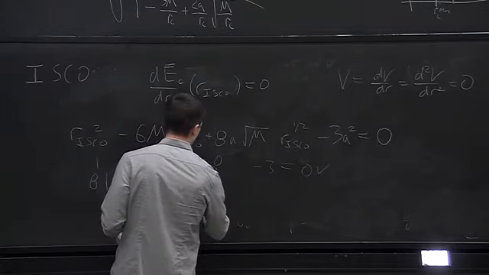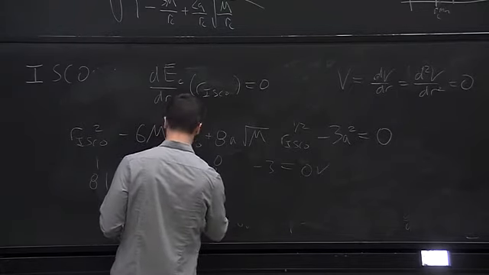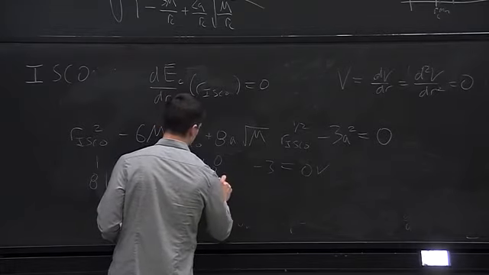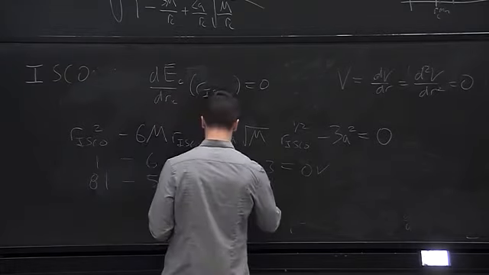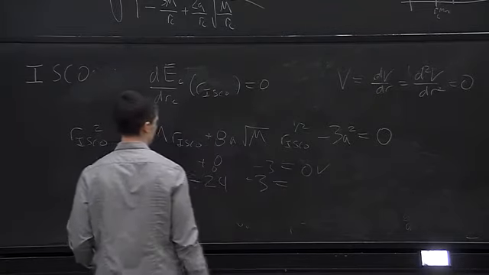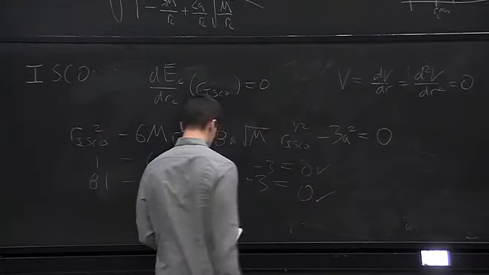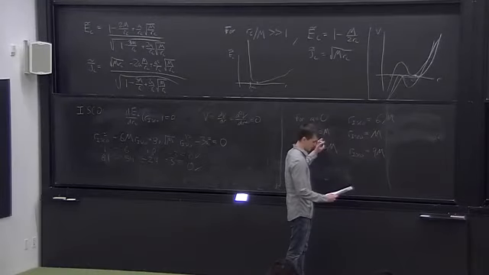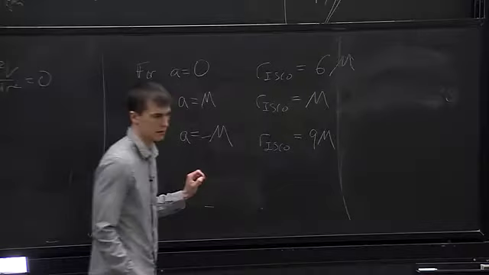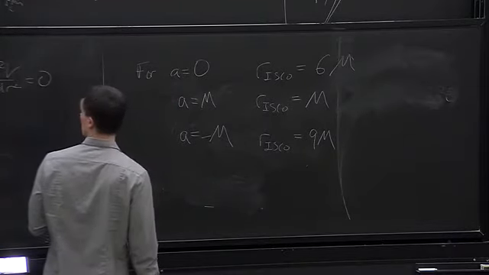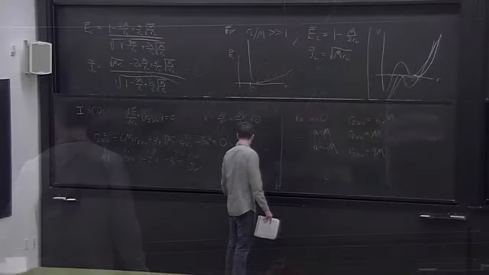And minus 8 times 3 is 24. And then minus 3. If we sum that up, we indeed get 0. So these are the three limiting cases. I can go ahead and write down the general expression.